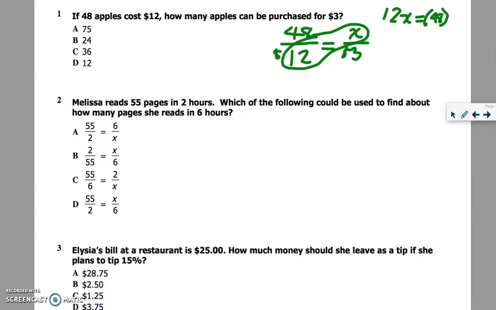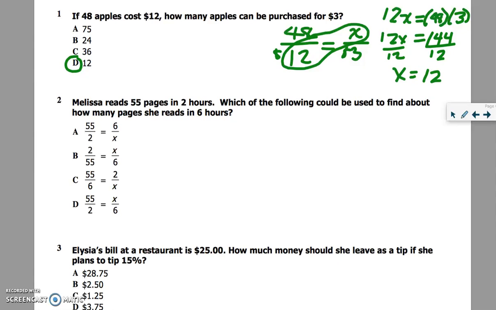So I'm going to multiply 48 times 3, and I get 12x equals 144. Divide both sides by 12. Whatever I do to the left, I've got to do to the right, and I find out that x equals 12. So the answer is D.